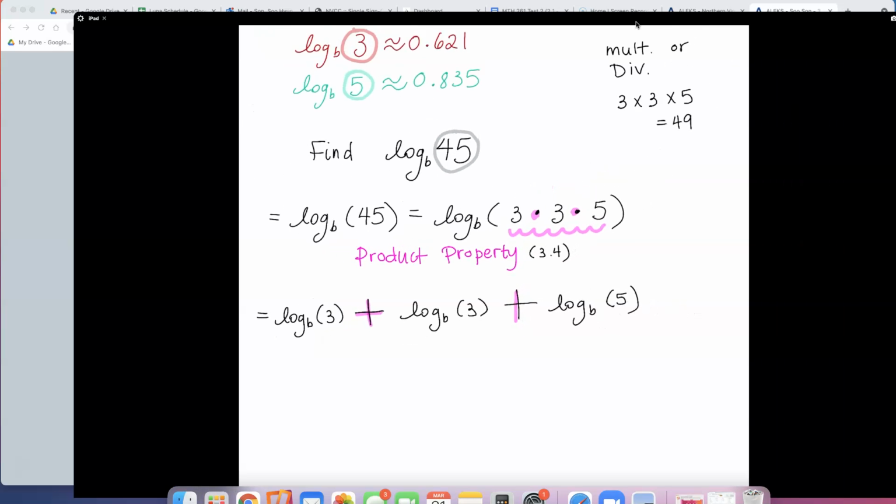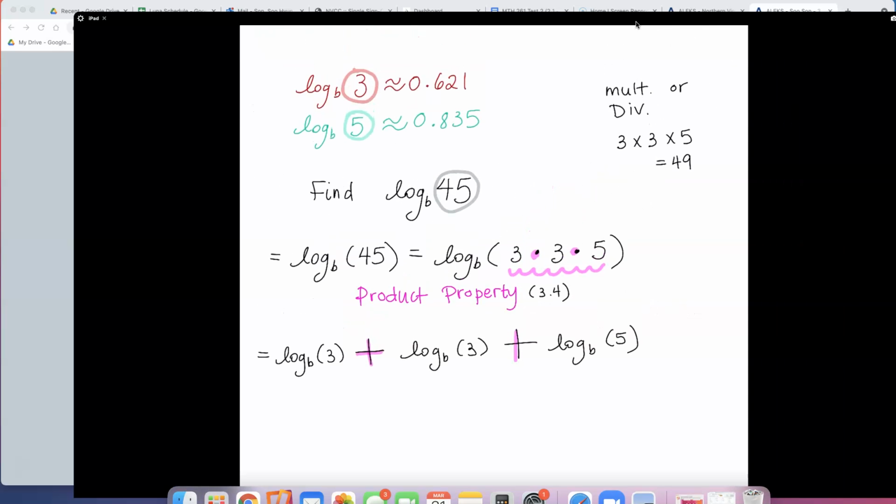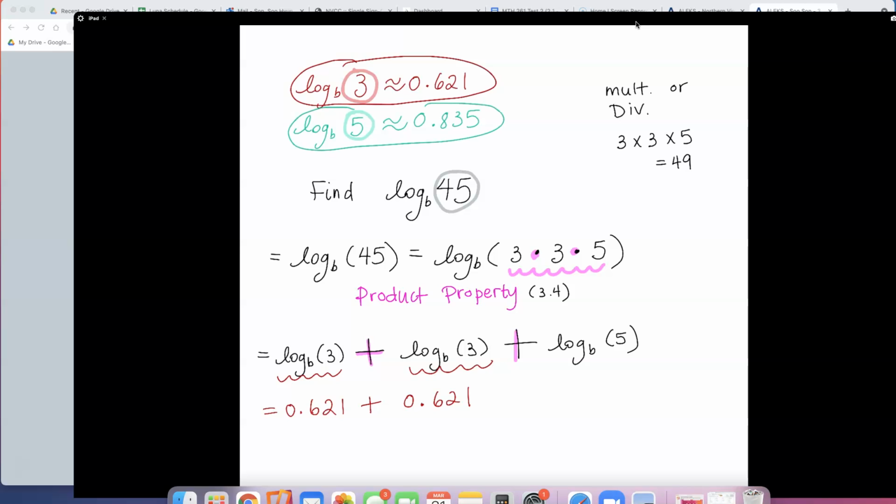But now we're going to go ahead and put these together. Remember, log base b of 3 is that first decimal they gave me. So log base b of 3, I'm going to write down 0.621 plus another 0.621 plus log base b of 5, which is 0.835.